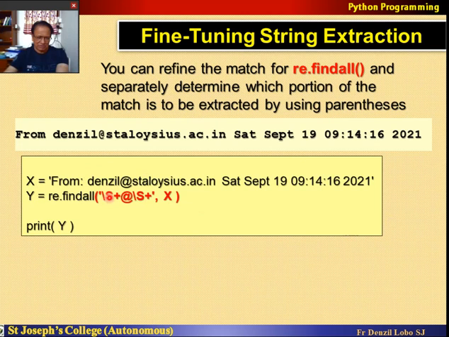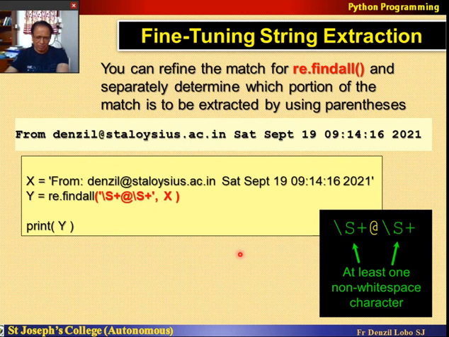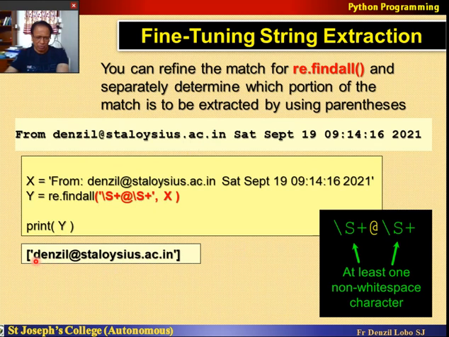This is non-space one or more times, non-space one or more times, before the ampersand and after the ampersand. So it is going to extract only this. All these are non-white space characters. So print y, automatically it is going to print only the email ID. This is how I'm fine-tuning this.